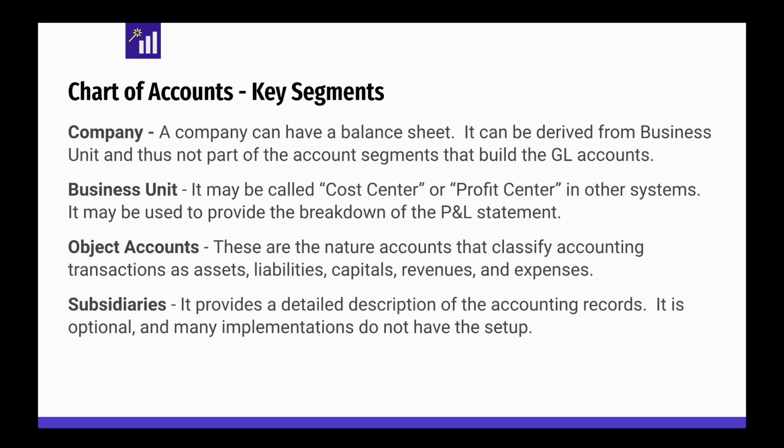The object account, which people sometimes call the natural account, classifies the transaction as assets, liabilities, capital, revenues, and expenses. The subsidiary is a further breakdown that can be used by the deploying company to model anything. It is a detailed description of accounting records. This is optional. Many implementations don't have this concept.